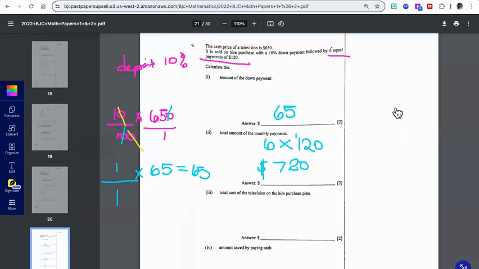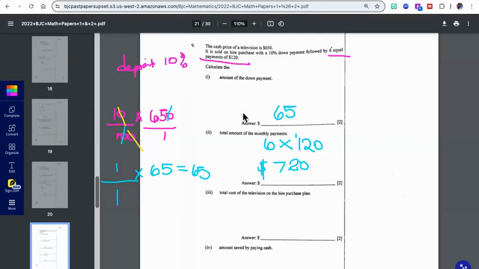Empress Thomas, James, Adagio Hannah, James Dean. Okay, good. So the total amount of monthly payments is $720. Let's go on to the next question.